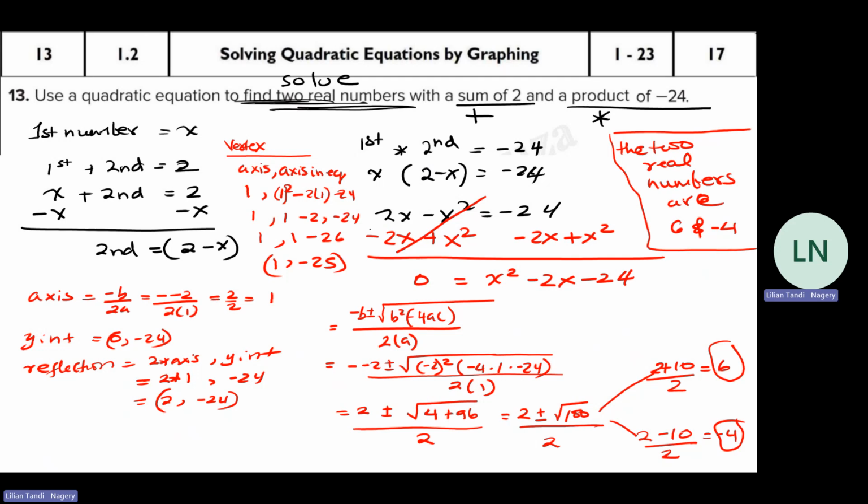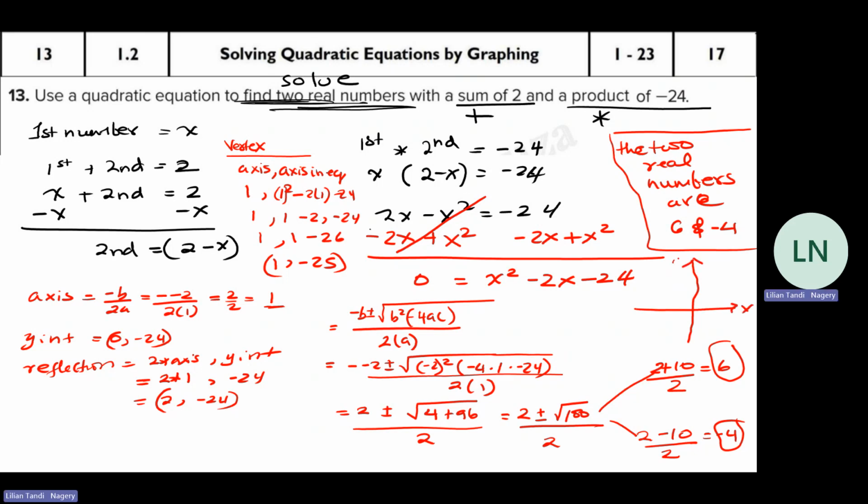And then you choose your graph. Your graph should open this way up if it is a question for choosing a graph. And then you pick your axis. Your axis should be at 1. So let's do a coordinate plane.